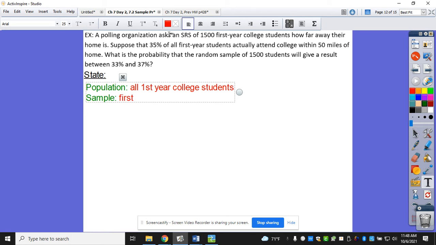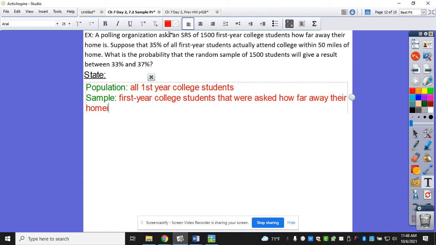What's next? So P is the, what word does it start with? P is the population proportion.